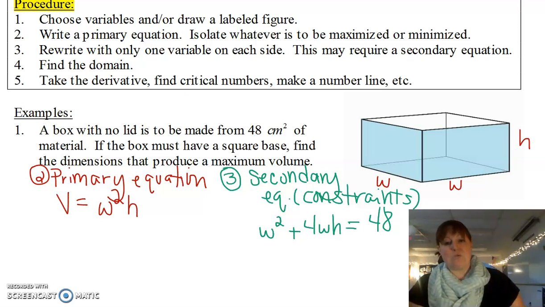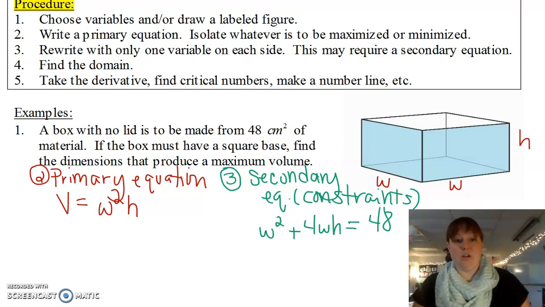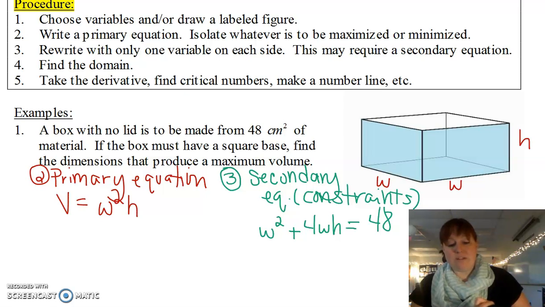All right? So now we have 2 equations, and we're going to sub one equation into the other so that we have our primary equation in terms of one variable on each side. Now, do I want to solve this secondary equation for W, or do I want to solve it for H? Well, I really don't want to deal with a square root, and to solve for W, I'd have to take a square root, so I'm just not going to do that.